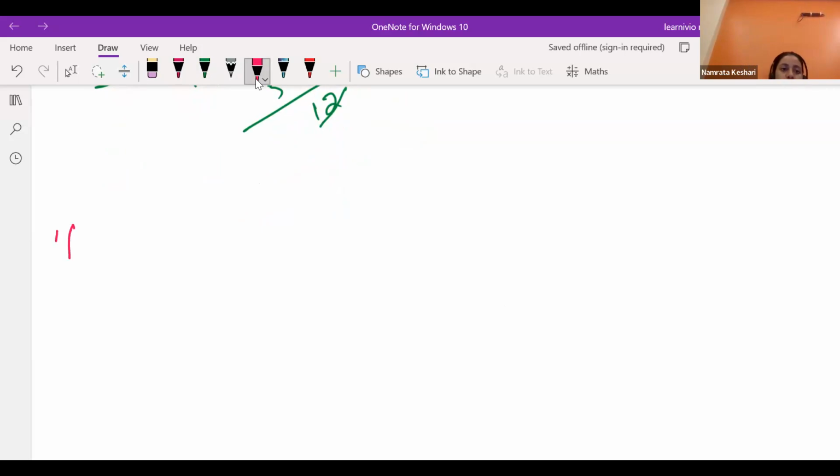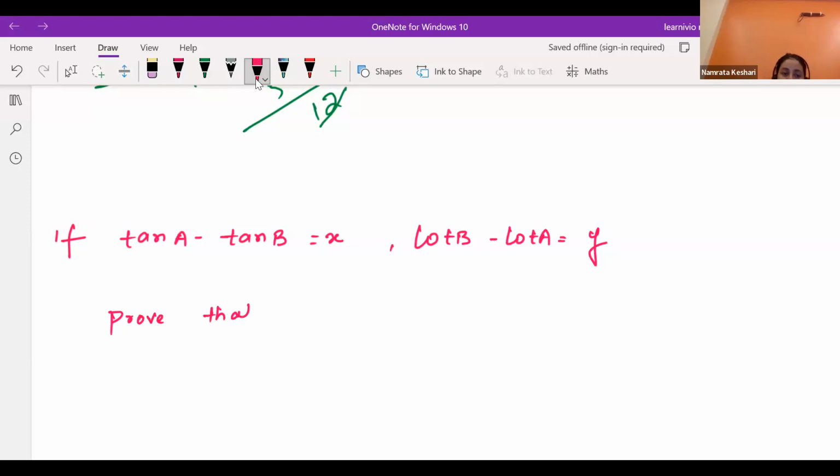Let's do this question. If tan A minus tan B is equal to x, and cot B minus cot A is equal to y, then prove that cot of (A minus B) is equal to 1 by x plus 1 by y.